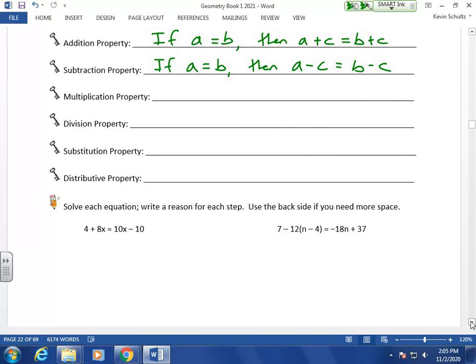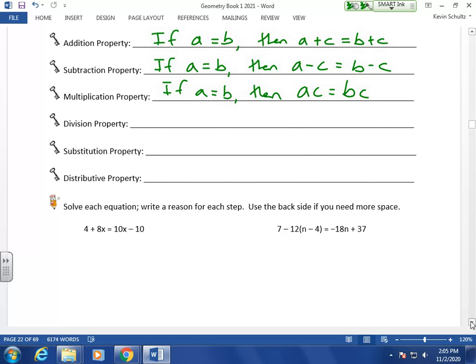The multiplication property, you can probably guess, if A equals B, then what? AC equals BC. You can multiply two sides of an equation by the same thing, and the two sides will remain equal. Yes, Luke?